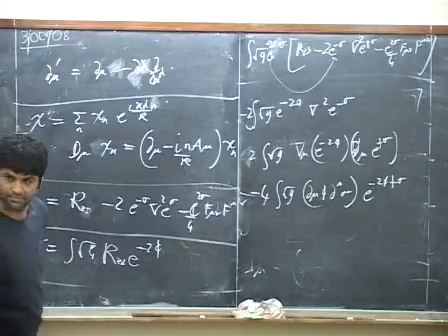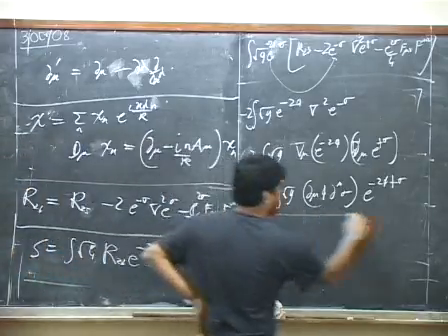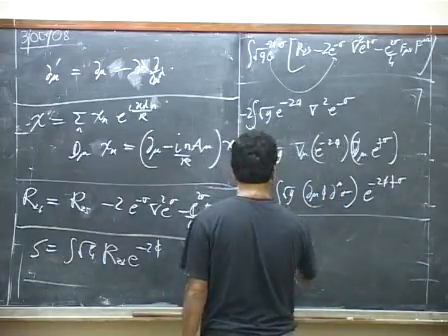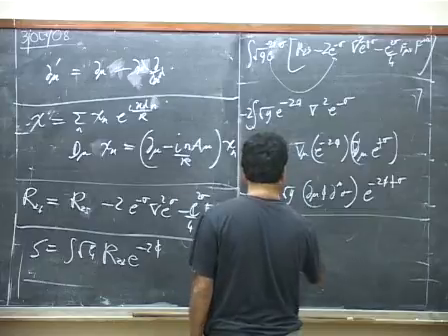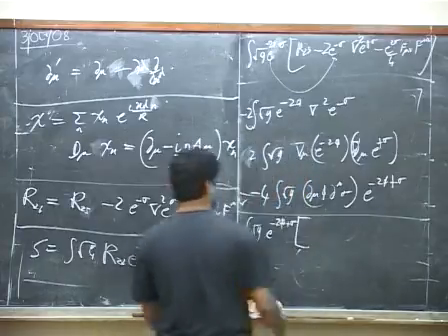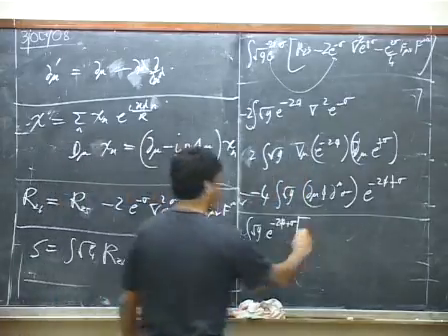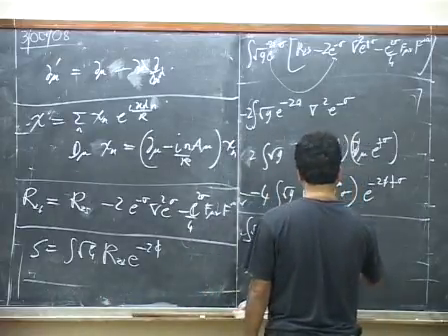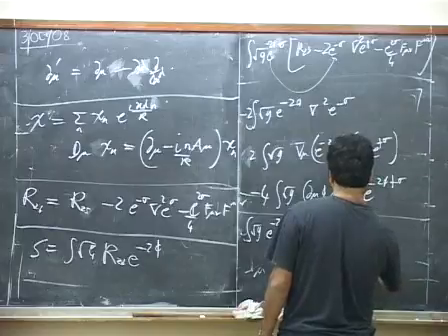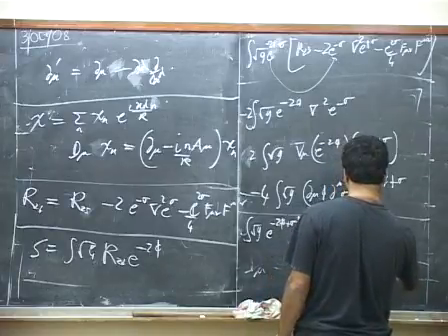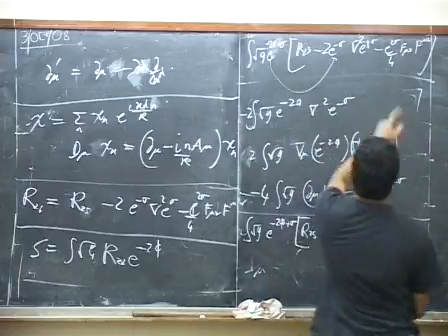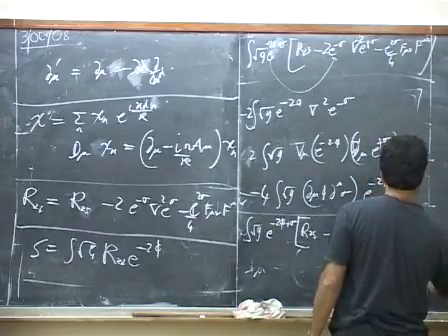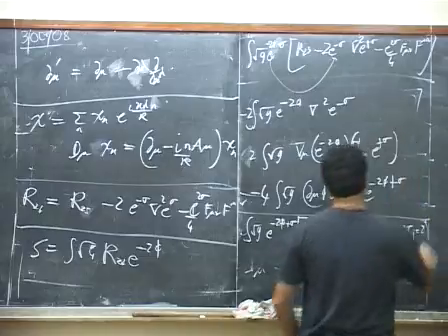Clear? Okay, so the whole action can then be written as the integral of square root g e to the power minus 2 phi plus sigma, into R25, then minus 4 del mu phi del mu sigma, and then plus e to the power 2 sigma by 4 F squared.